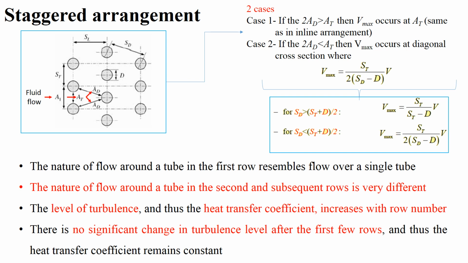So I put a note here. The nature of flow around a tube in the first row resembles flow over a single tube, as I put in the previous video, the third video. The nature of flow around a tube in the second and subsequent rows is very different.